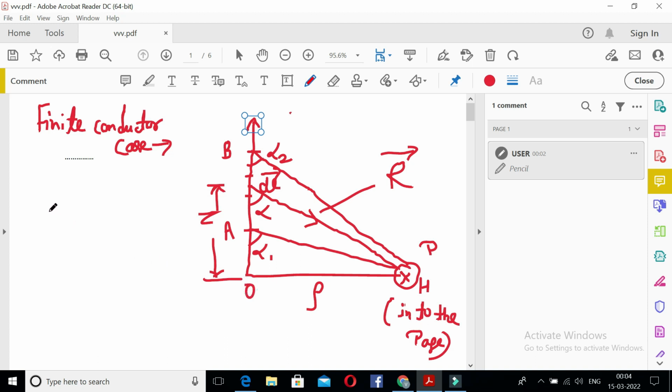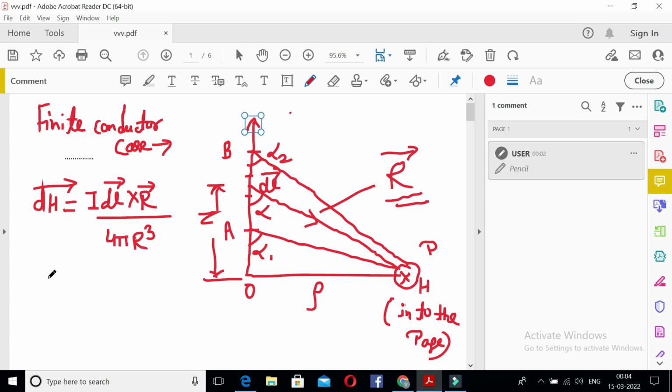Now using Biot-Savart's law, it states that dH vector must be equal to I dl cross r vector upon 4 pi r cube. dH vector means magnetic field due to the elemental length. dH vector is equal to I into dl vector cross r vector upon 4 pi r cube.